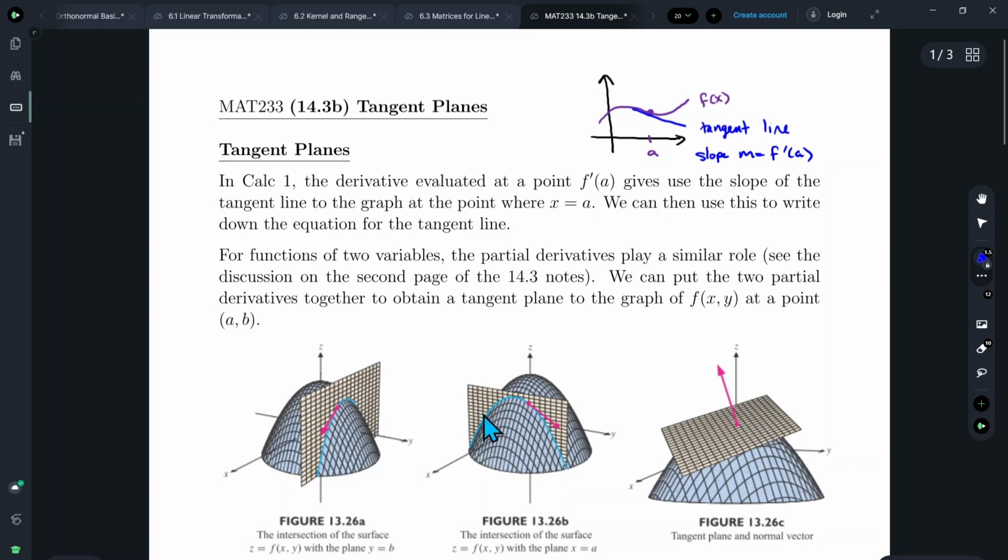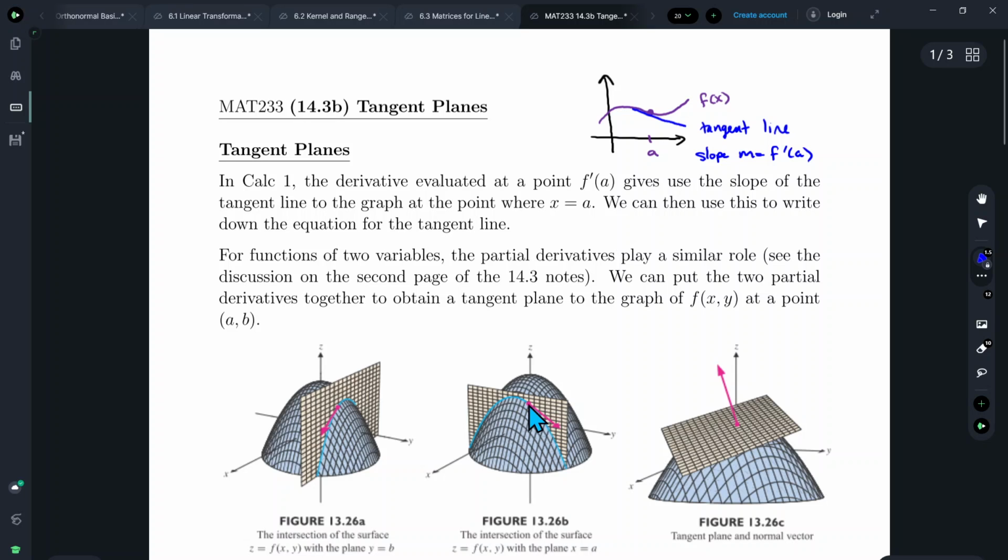Okay, so to be able to construct the tangent plane, we need to know the normal vector to the plane. So here, in pink we have the tangent vector in the x direction, which can be constructed using the partial derivative.